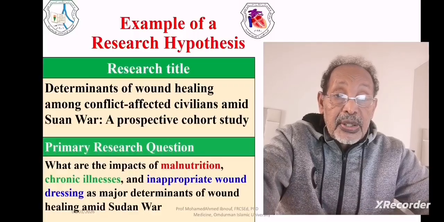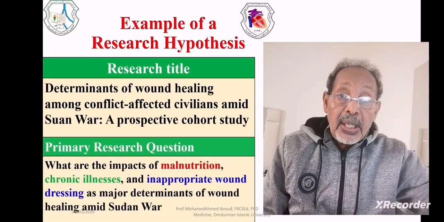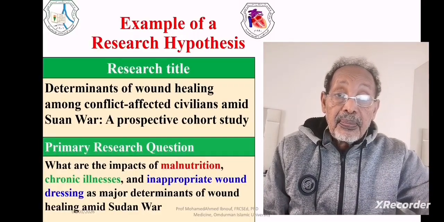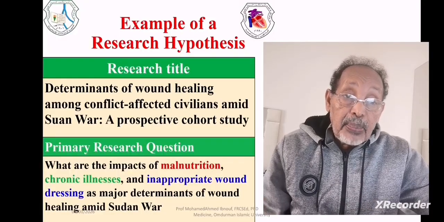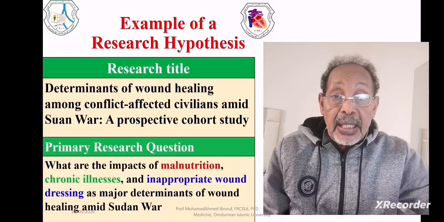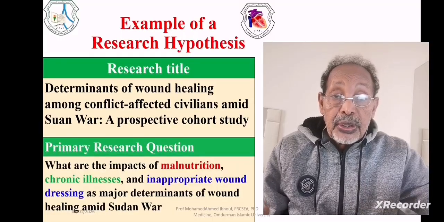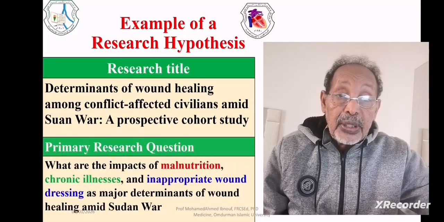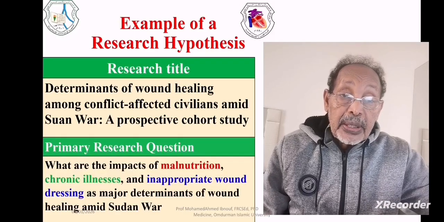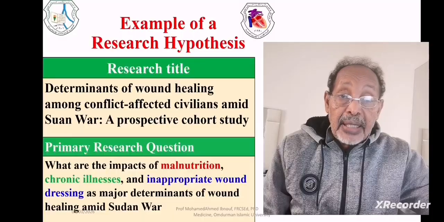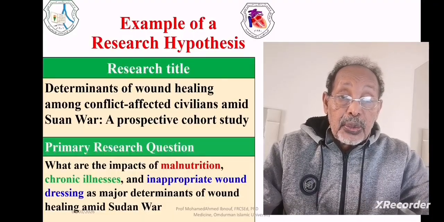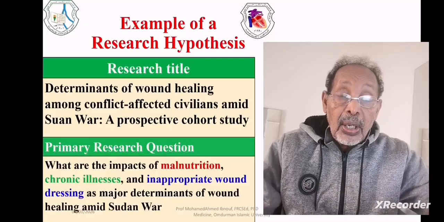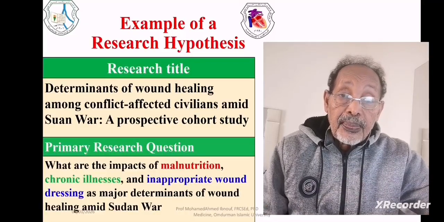Now, let us take an example. The research title. Let us suppose a research title saying determinants of wound healing among conflict-affected civilians amid Sudan war, a prospective cohort study. As I said, introduction of the factors of the impact of Sudan war will give us novelty.